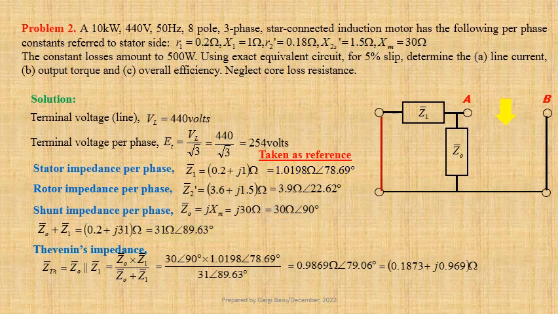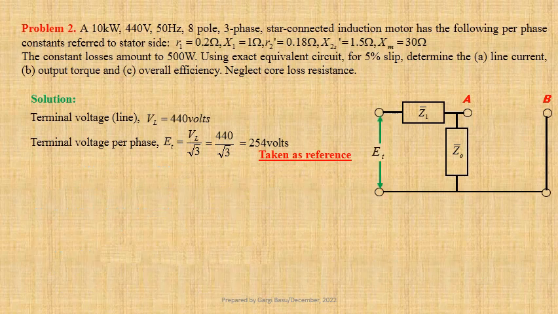Now we shall compute Z Thevenin plus Z2 dash. Using values we get 3.7873 plus J times 2.469 ohm. This may be written in polar form as 4.521 ohm at an angle 33.1 degree.